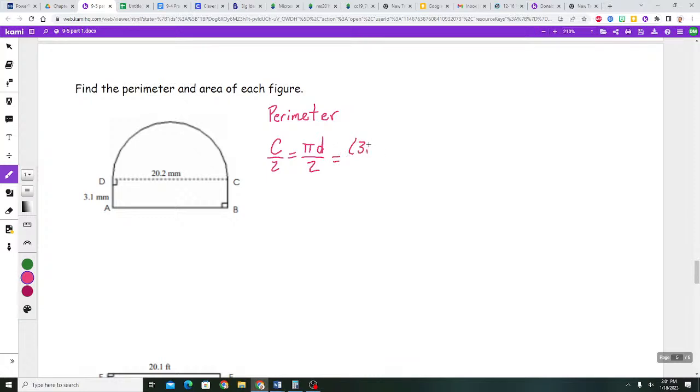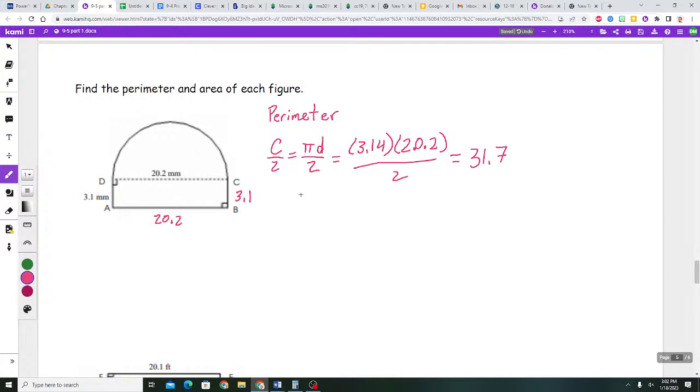Well, that means that we've got 3.14 times 20.2 divided by 2. So 3.14 times 20.2 divided by 2 gives us 31.7. And then the rest of this down here, this is 20.2, this is 3.1.